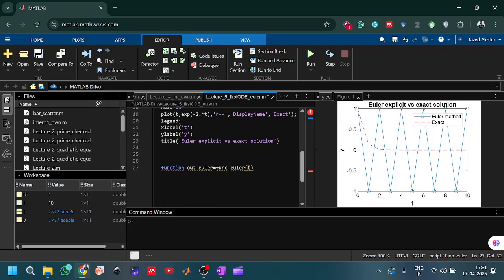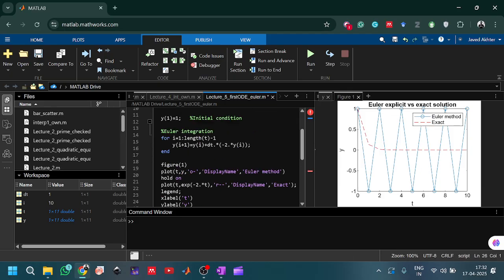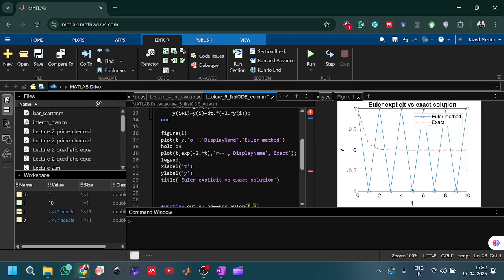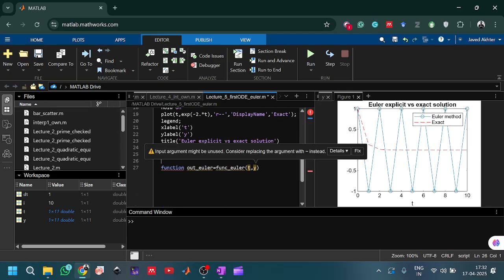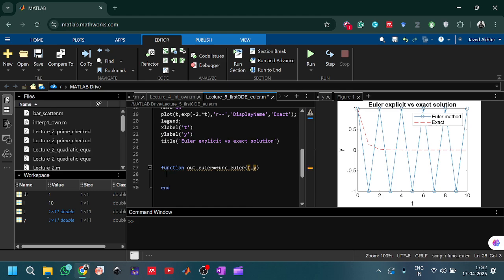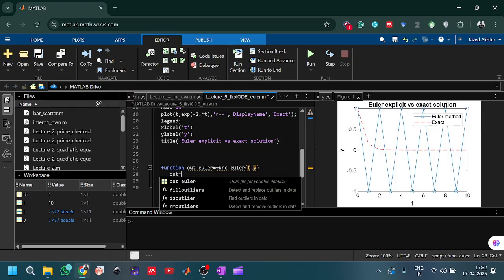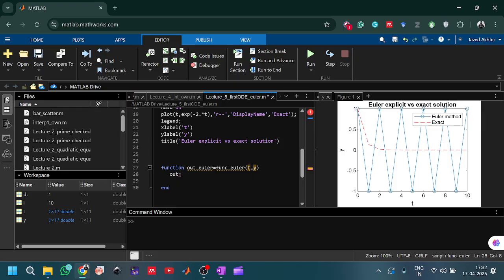So t should be the array, then y should be a scalar. These two you should give, t and y, and depending on that it will give you the corresponding output. So if you are having a function, you will end it, then you will write this out, which will be what? Here you will write down the functional form.